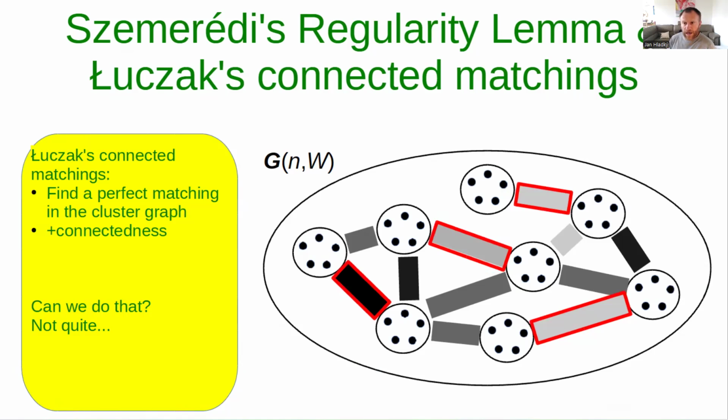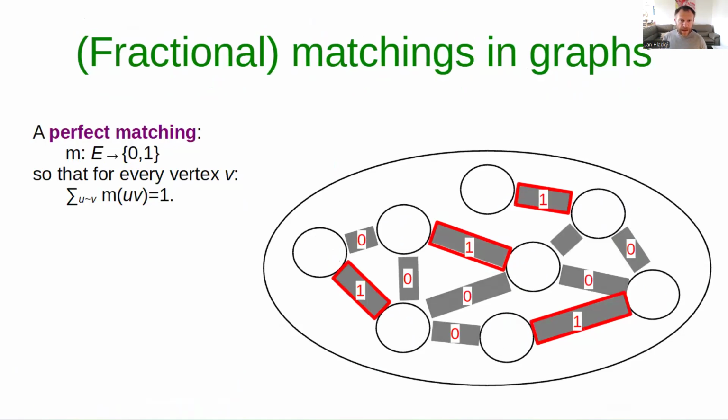But for the bulk of the argument, we need to understand whether we can find a perfect matching in the cluster graph. I was lucky on the picture I have here; I managed to find a perfect matching. But can I do that always? Unfortunately, I don't have such an argument. But we will relax the problem.